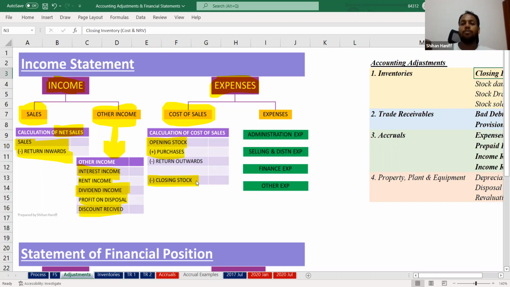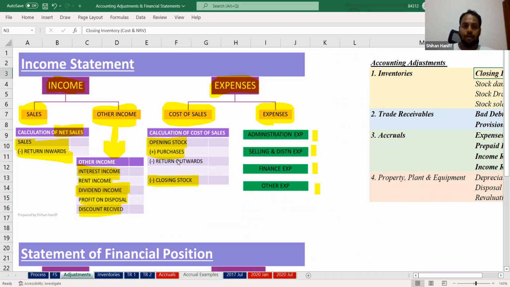And if you deduct the closing stock, you know how much stock is sold, cost of sales. Then all the other expenses we categorize into four types: administration, selling and distribution, finance expense, and other expenses.